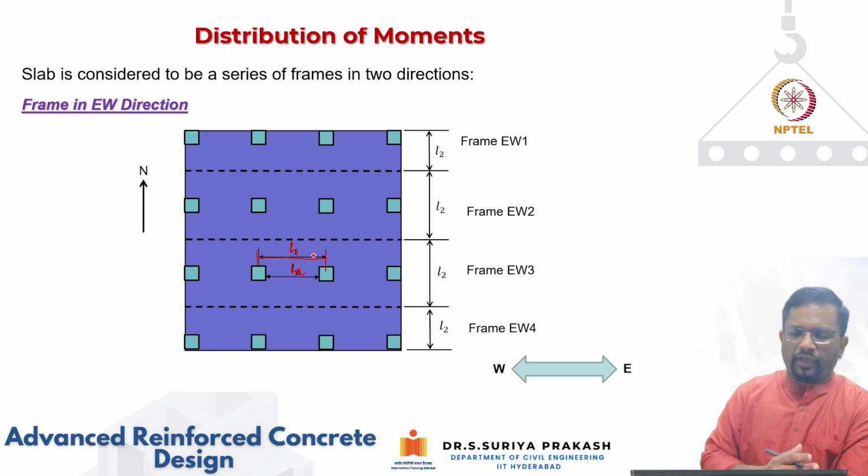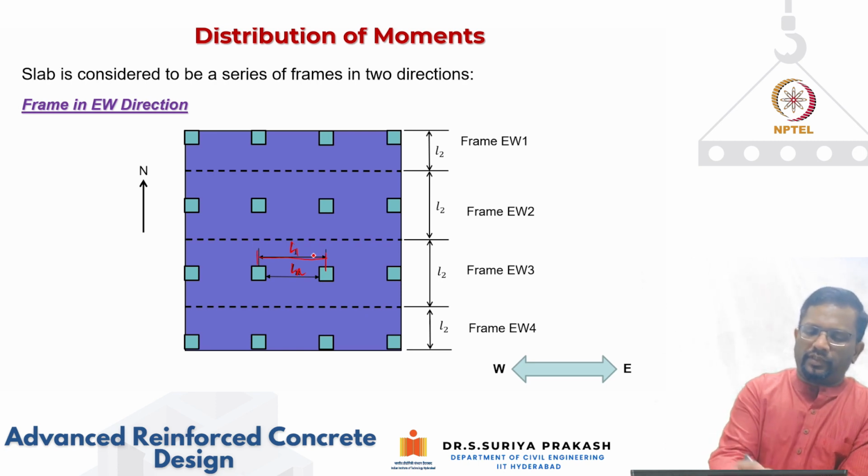Then what we do first is discretize this panel: this is one frame, this is another frame, this is another frame, and the last one is this.